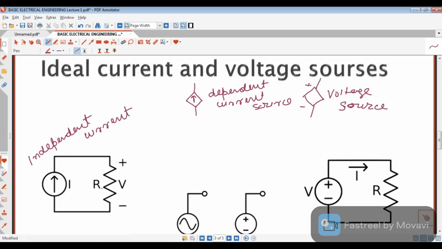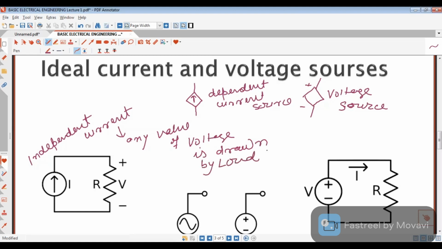Independent current source means, if we consider this is a resistance and this is current, whatever value of voltage is drawn by the load, the value of current I does not change.